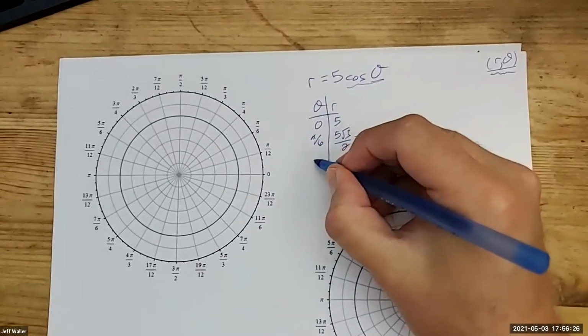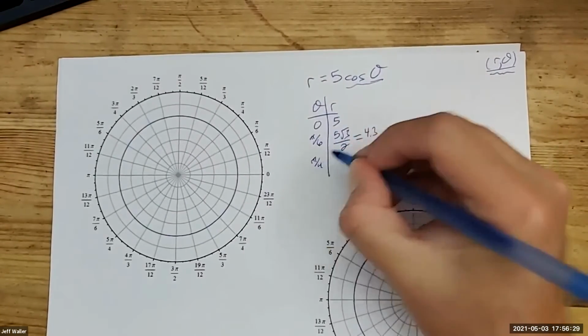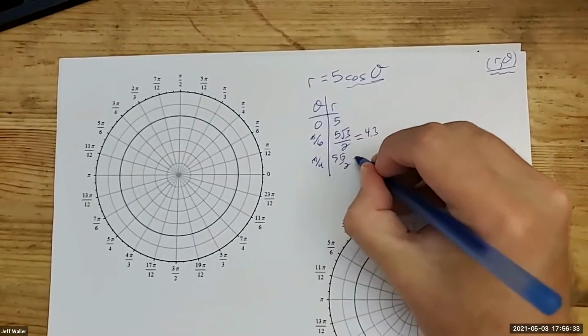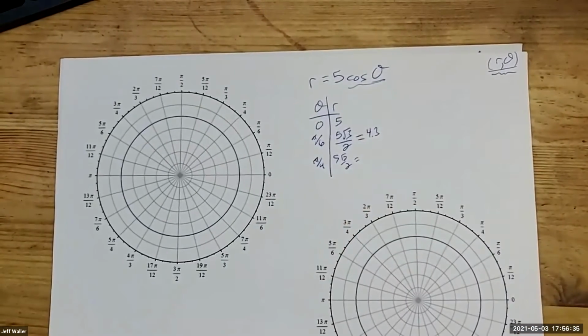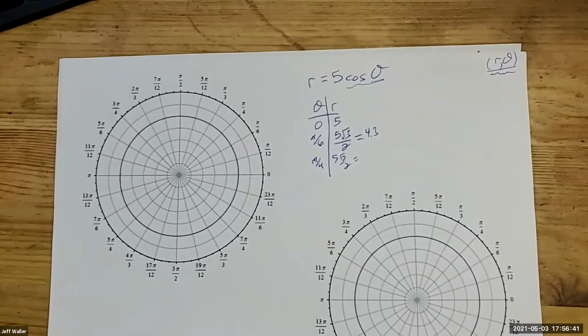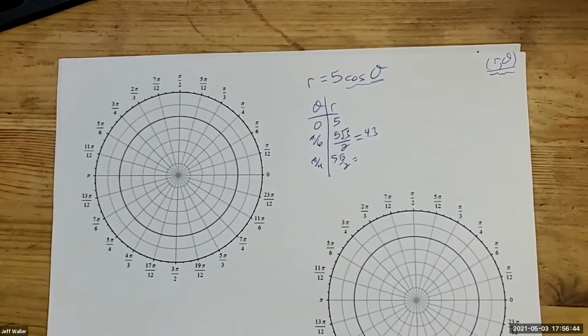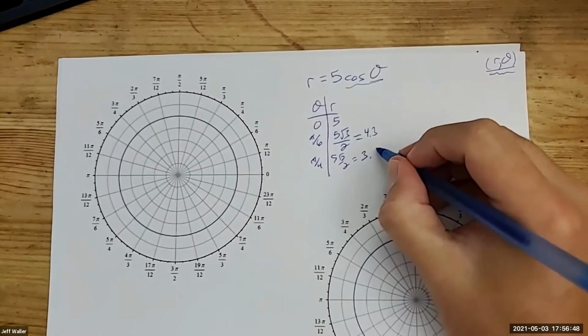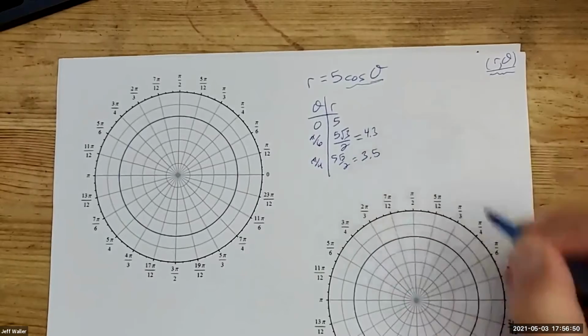Okay. So then pi over 4. That's going to be 5 rad 2 over 2, which I believe is going to be 3.5 or 3.6, somewhere in there. Yeah, 3.5. Okay, I like it.